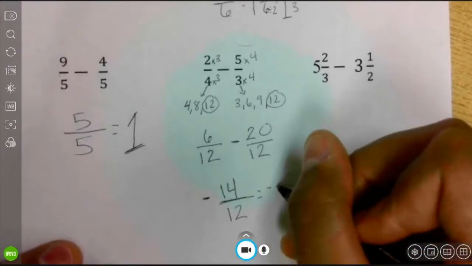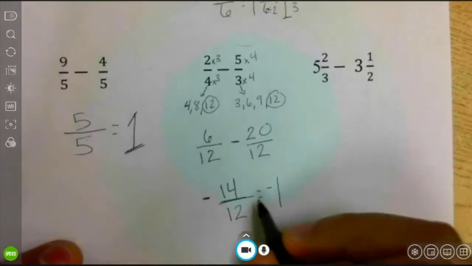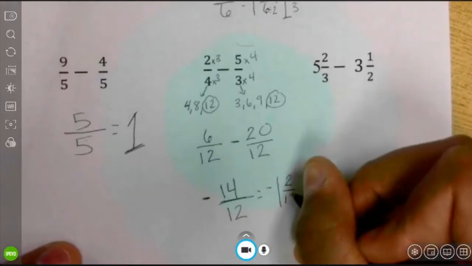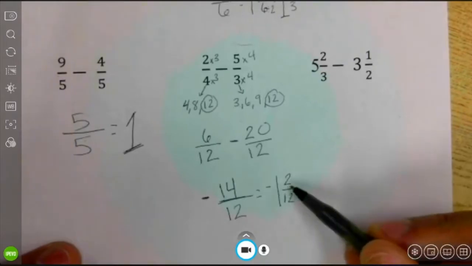We'll get -1, because 12 goes into 14 one time, and we have 2 as the remainder over 12. And then we'll change this.